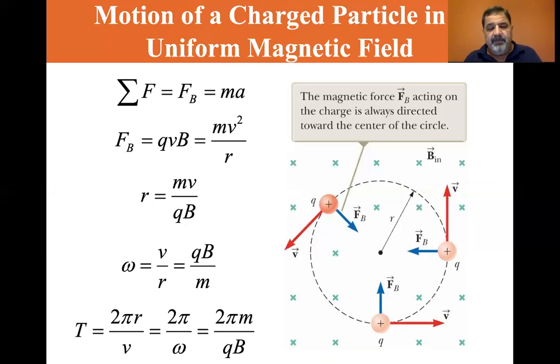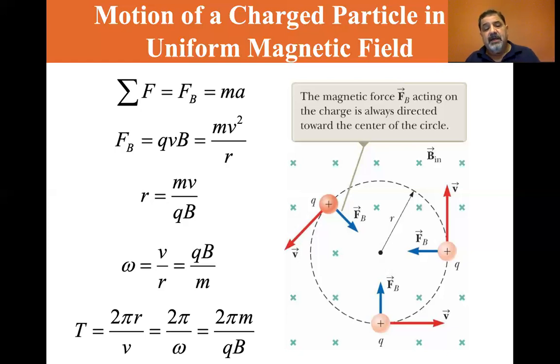All right, so the period is equal to 2 pi r divided by the velocity. In other words, the time it takes. You could say the velocity is equal to 2 pi r over the period. Well, you just swap the velocity and the period.